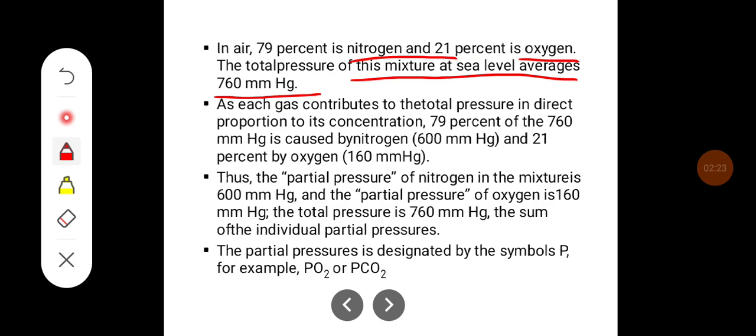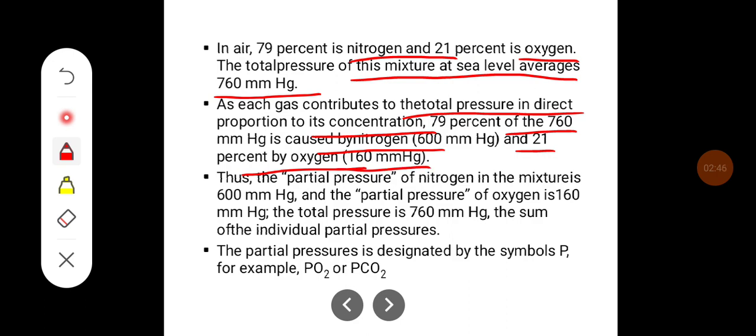As each gas contributes to the total pressure in direct proportion to its concentration, 79% of the 760 mmHg is caused by nitrogen, that is around 600 mmHg, and 21% is by oxygen, that is about 160 mm of Hg.